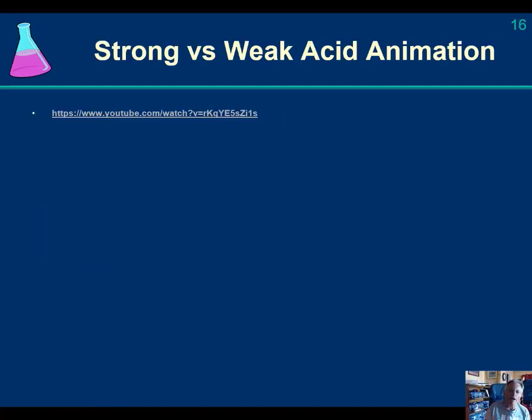So before I show you the strong versus weak acid animation, I want to show you something. So here we go. So here is an acid, and I'm just going to use the generic HA. This could be any anion, and we know it's an acid because it starts with H. And I'm going to put it in water. So I'm going to add this to H2O.